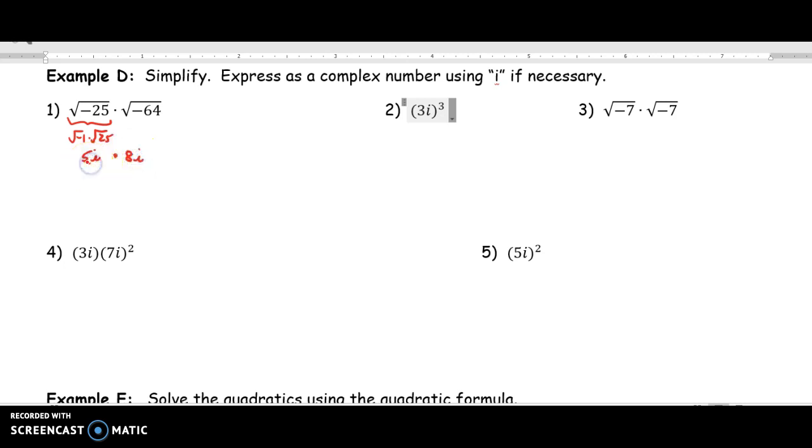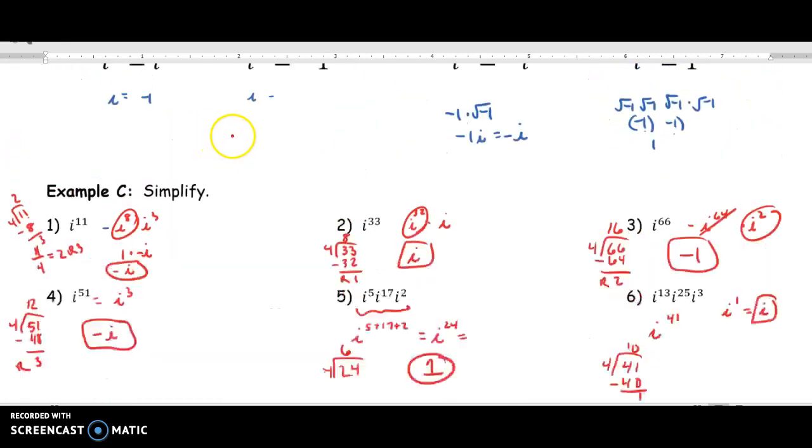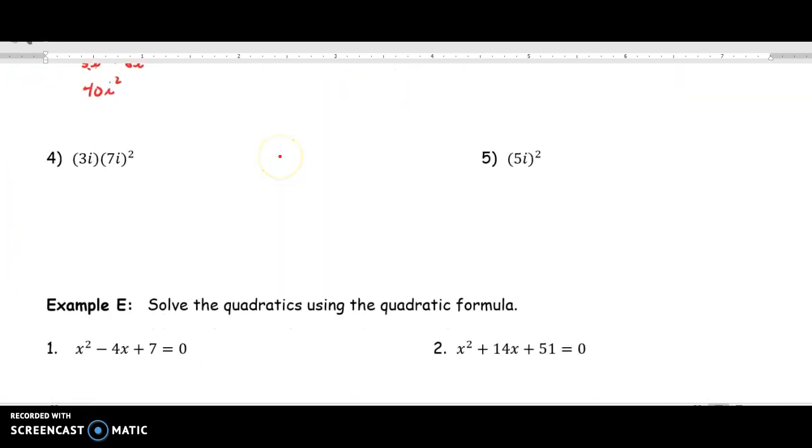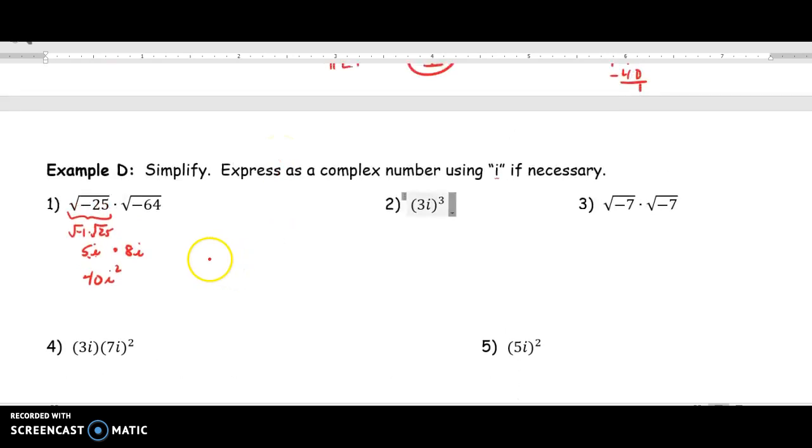When I multiply these, 5 times 8 is 40. i times i is i squared. But what can I replace i squared with up in this chart? i squared is equal to negative 1. So I'm basically going to do 40 times negative 1, which gives you negative 40.